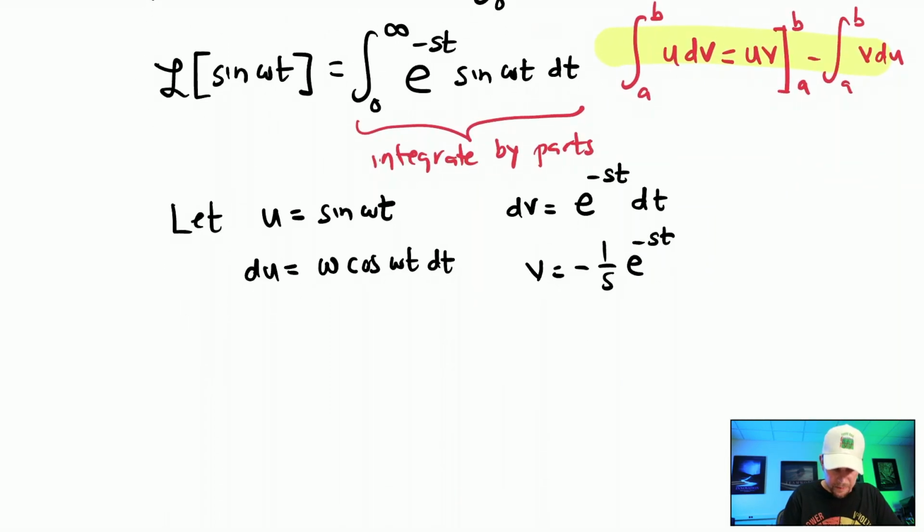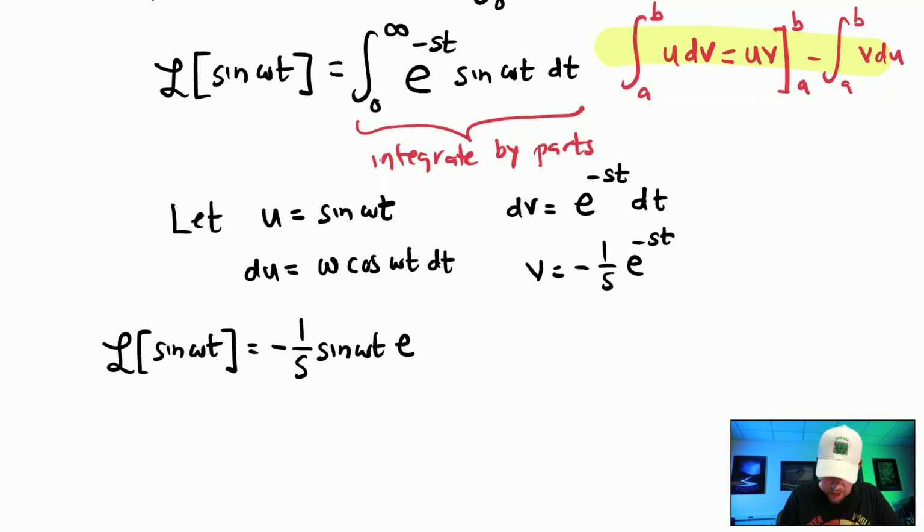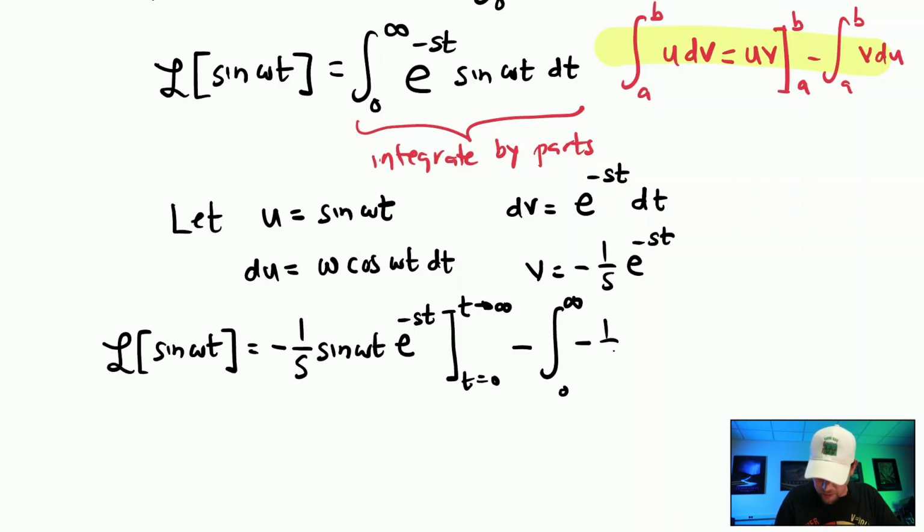So here, the Laplace transform of sine omega t is going to be u times v, which is minus 1 over s sine omega t times e to the minus st, evaluated as t approaches infinity and t equals 0, and then minus the integral from 0 to infinity of v, which is minus 1 over s, e to the minus st, times du, which is omega cosine omega t dt, like this.